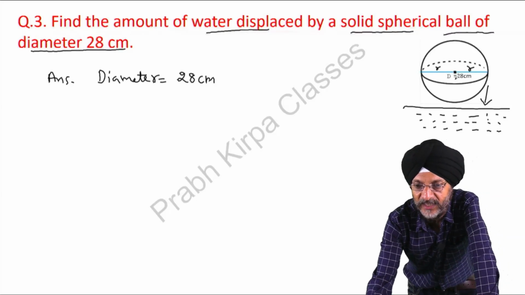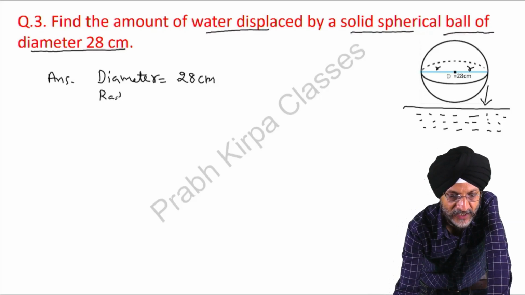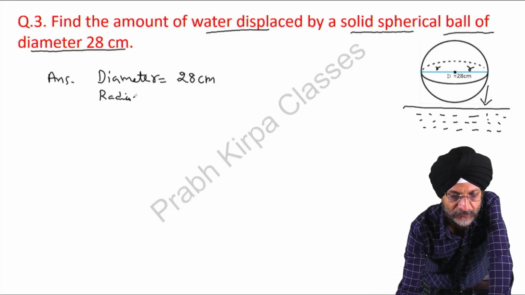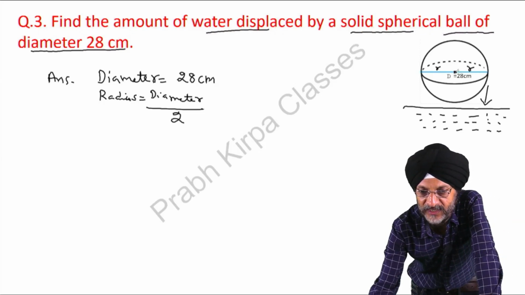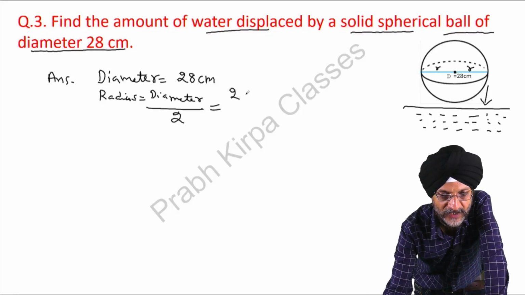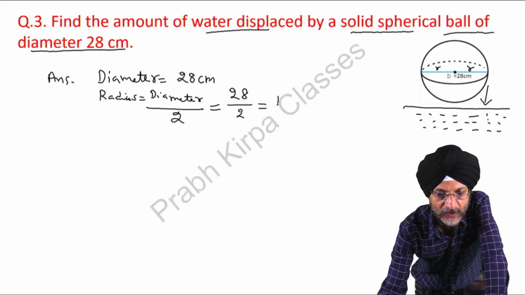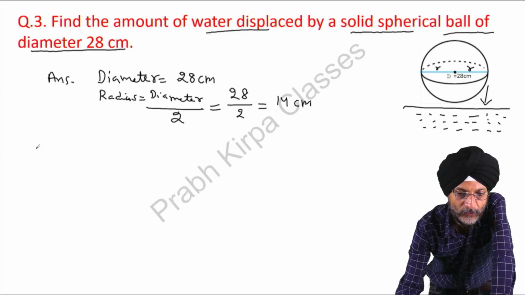In other words, d is equal to 2r, or we can say that radius is half of diameter. You can see in this picture also that radius is half of diameter. So what is the radius which comes out? It is 14 centimeter.